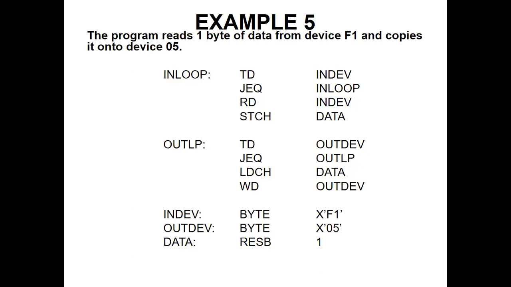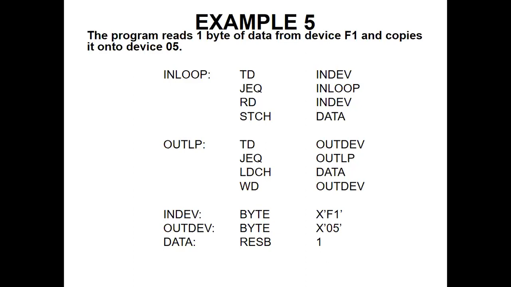Then the next instruction is how we can output. Okay. So again, we want to output a character to an output device. So we can test device, output device. If it is not ready, we say jump if equal.